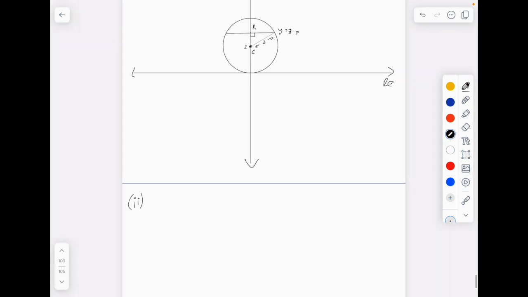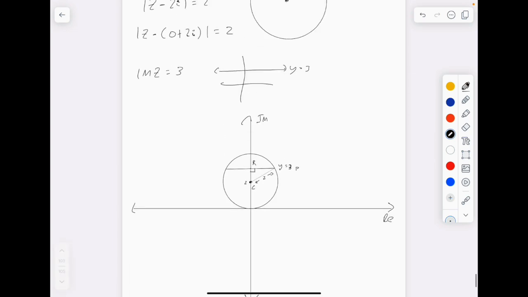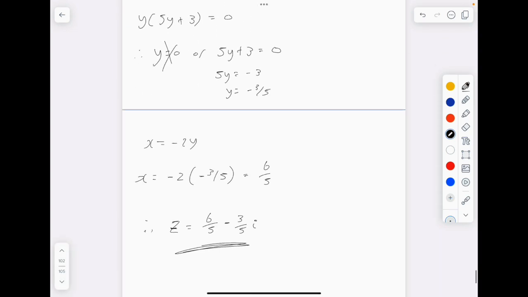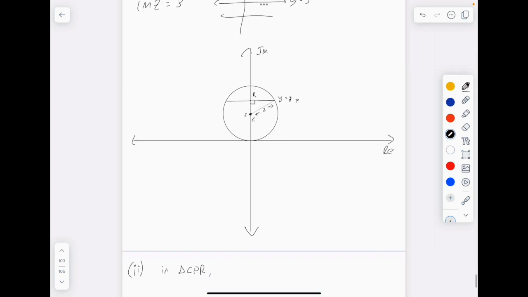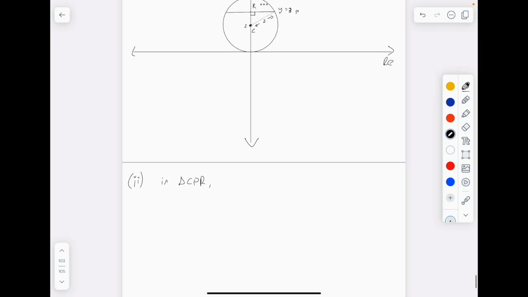Now, in triangle CPR, remember what we're trying to find is the argument of the complex number represented over here. So we're trying to find the angle of intersection.